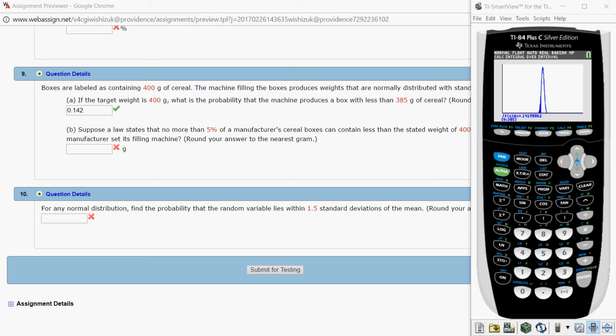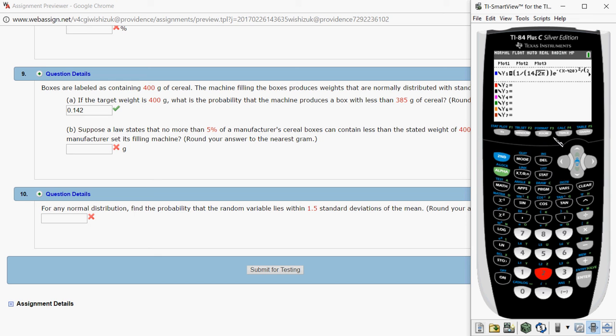We want to make sure that from 0 to 400, only 5% is sitting there. So go back to Y. The mean value is the target value, and we want to set it higher, because if it's 400, below 400 is half of it. So it's going to be bigger than 400. I'll try 420 or something like that.